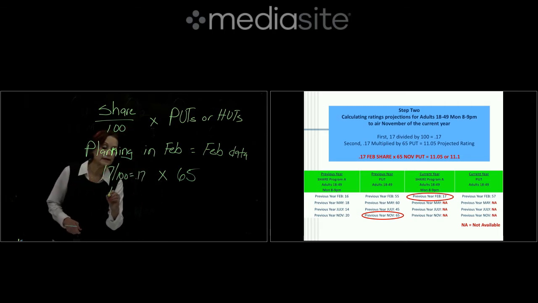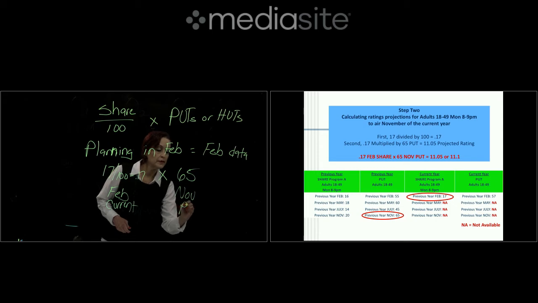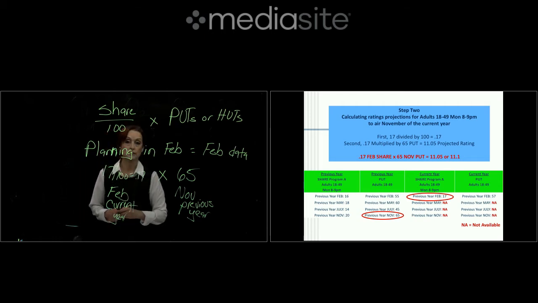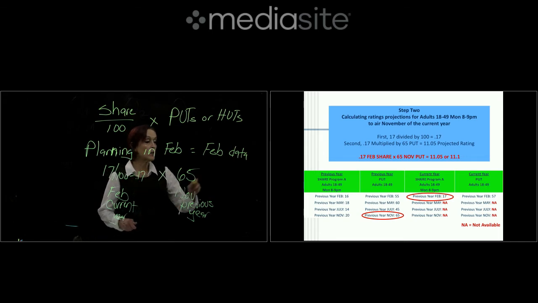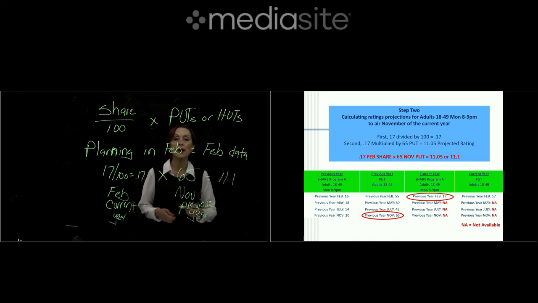So again, this is February current. And this is November previous year. Multiply, so 0.17 multiplied times 65 equals 11.05, or let's say 11.1 rounded.